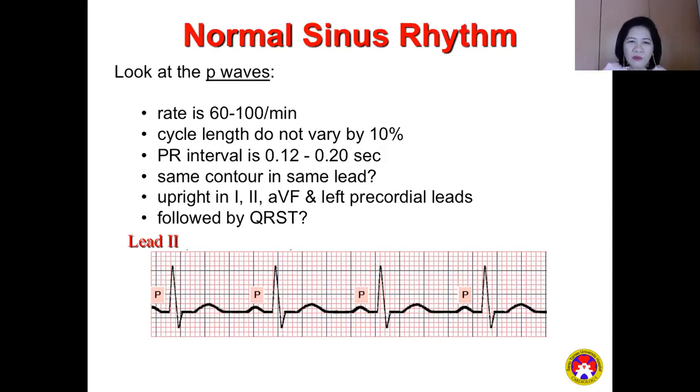The PR interval should be from 0.12 to 0.20 seconds. In the same lead, we should see exactly the same contour of the P wave. And the P should be upright in 1, 2, AVF, and the left precordial leads V4, V5, V6. And the P should be followed by a QRST complex.